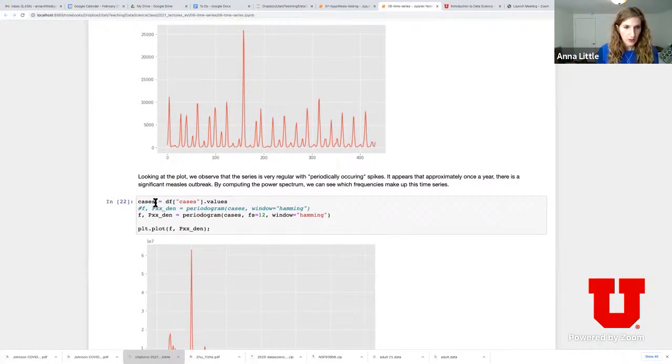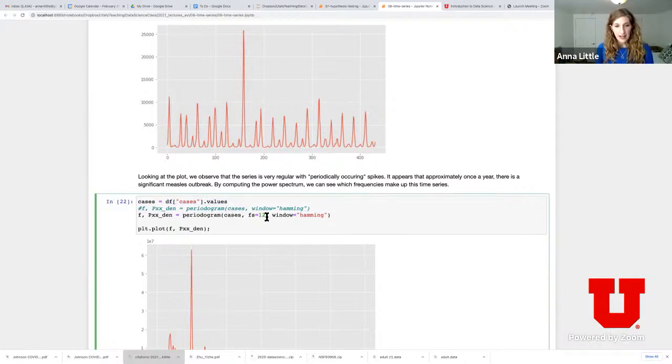Okay, so here we want to actually extract the values from the cases column. So cases will just be the df cases.values, and then we'll make a periodogram from those values. What we want to do here is tell it how many measurements per time unit we have.